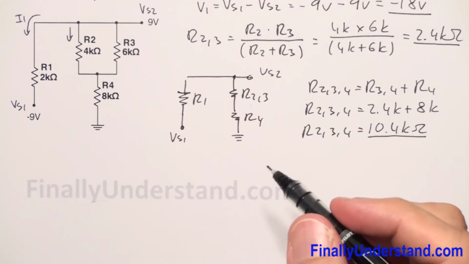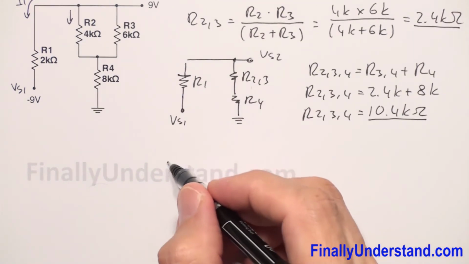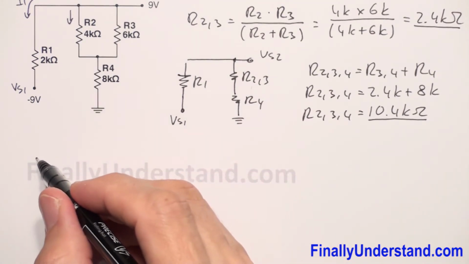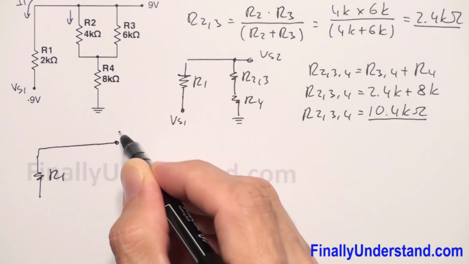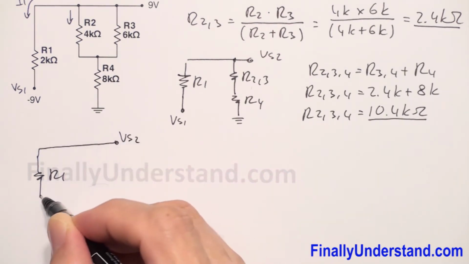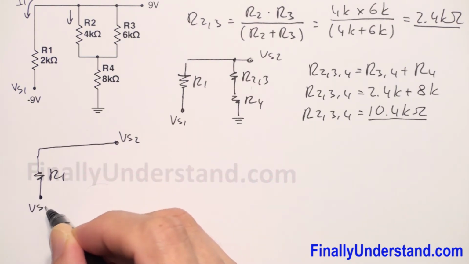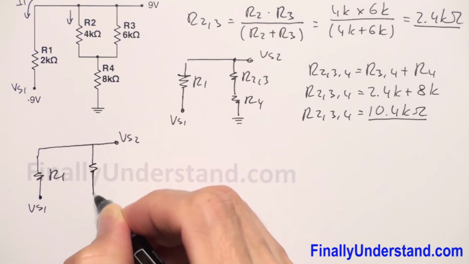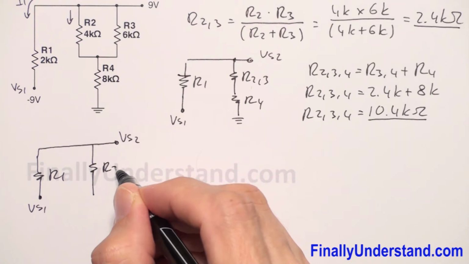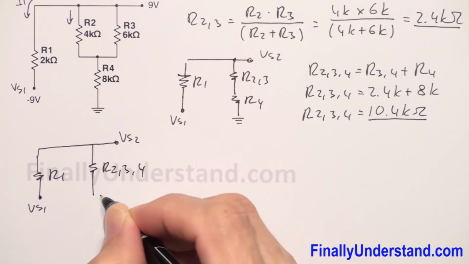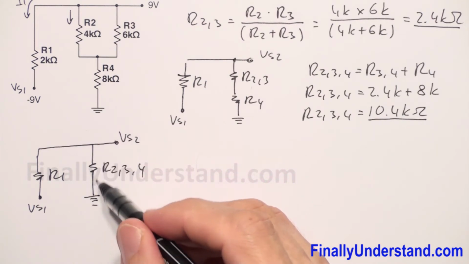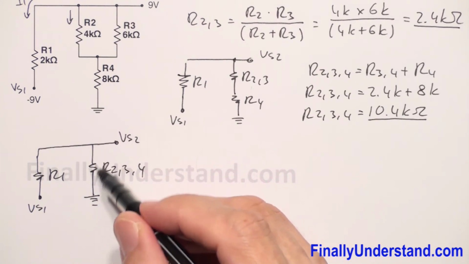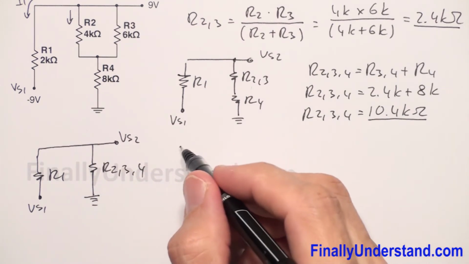So I found the equivalent resistance for these two resistors. Again, we can redraw the circuit, and your circuit is going to look like this right now. We have R1, we have voltage source 2, this is my voltage source 1, and this is my R234. This is ground. So now I can find the current which goes through these resistors.